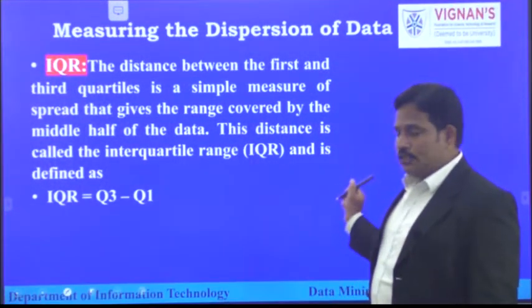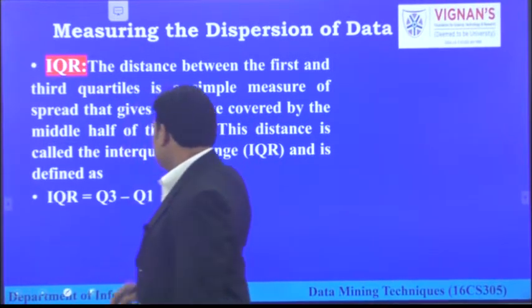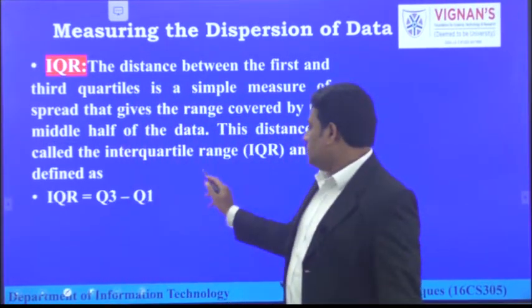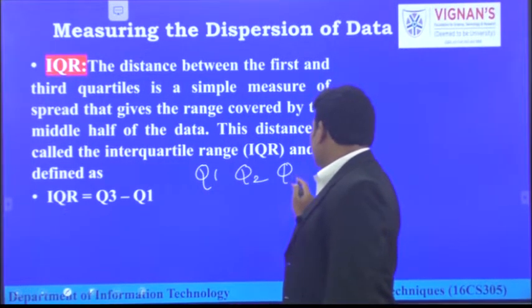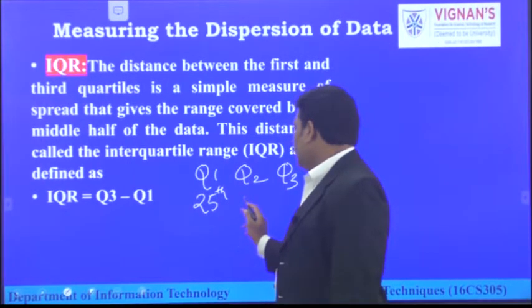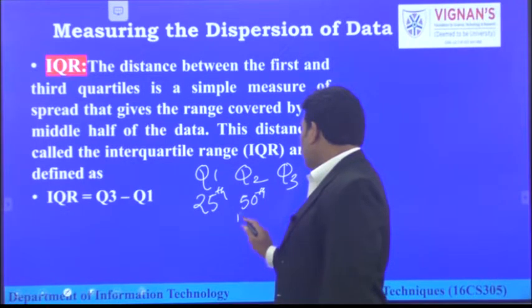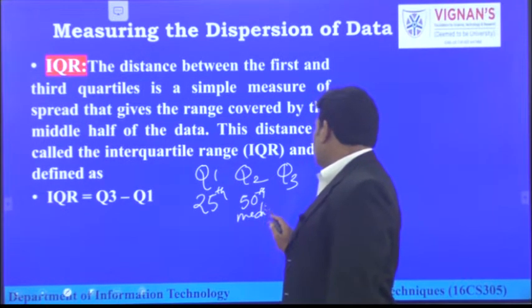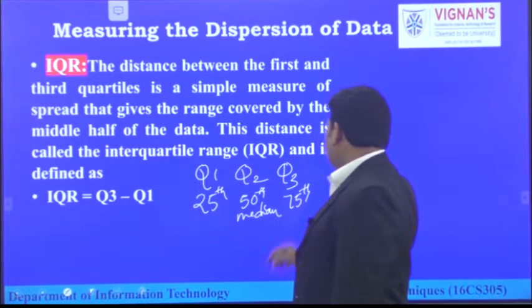Now under this dispersion, we encounter three commonly used percentiles, that is Q1, Q2 and Q3. Q1 indicates the 25th percentile of the data, Q2 indicates the 50th percentile, sometimes called the median, and Q3 indicates the 75th percentile of the data.